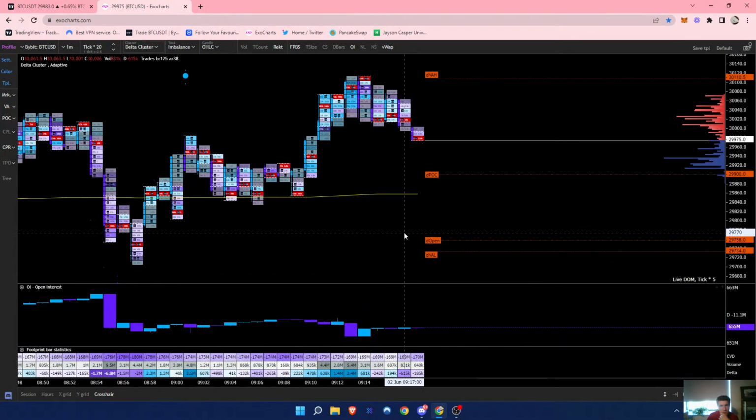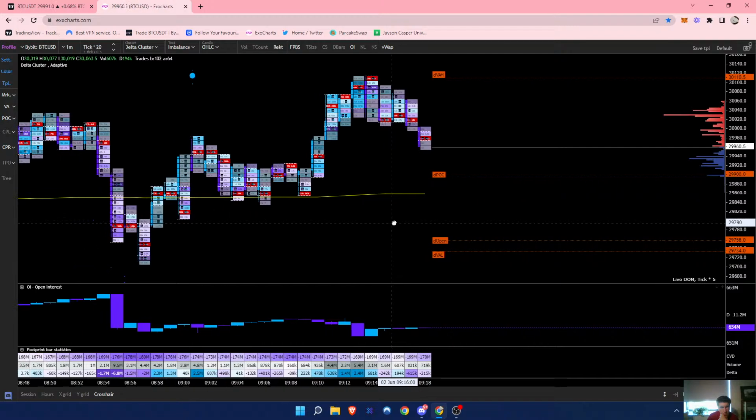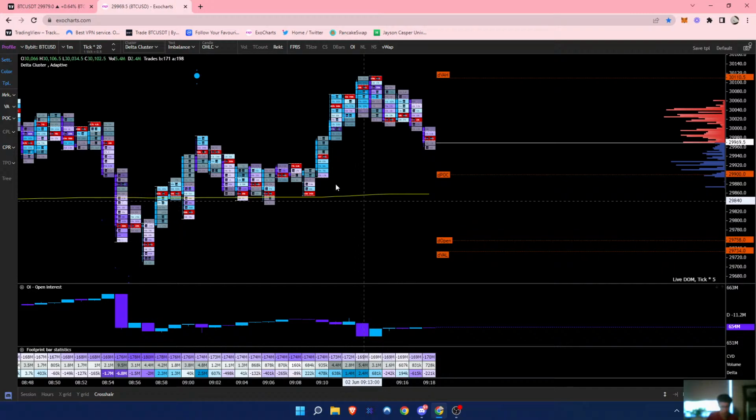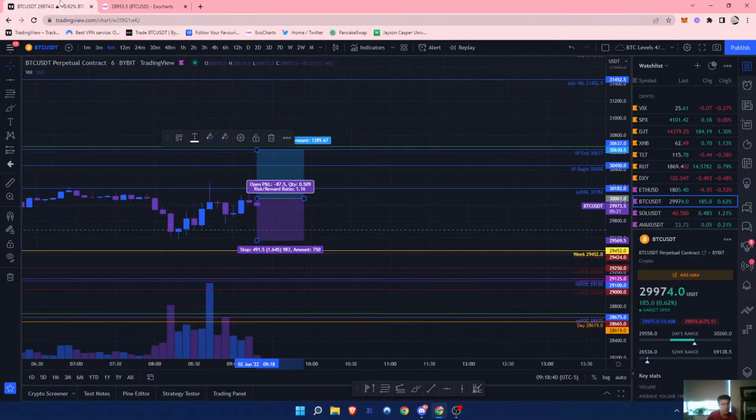Kind of took a long at somewhat resistance, but that's why we have a little bit more wiggle room with this stop loss. May come back and retest that daily point of control. Watch, someone's like counter trading me right now.